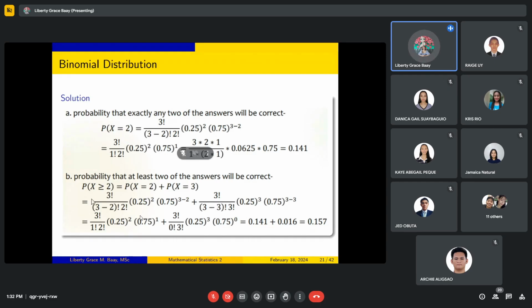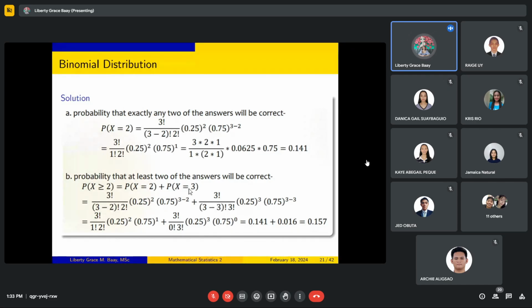Then the next question, we are going to find the probability that at least two of the answers will be correct, which means that x is greater than or equal to 2. For at least, this is the symbol, greater than or equal to 2, and for at most it is less than or equal to 2. So this is simply the probability of x equal to 2 plus the probability of x equal to 3.